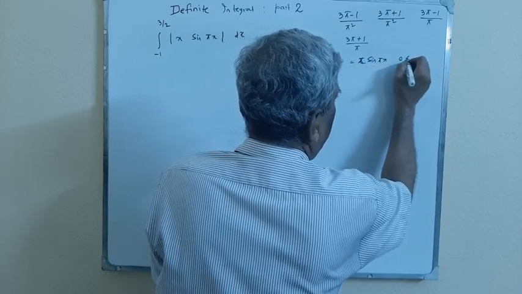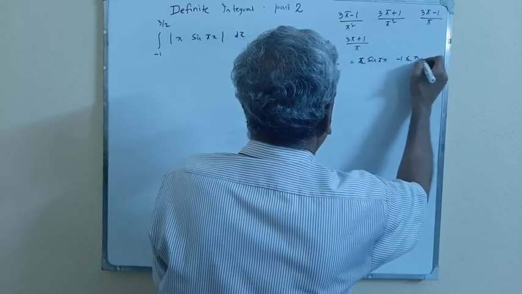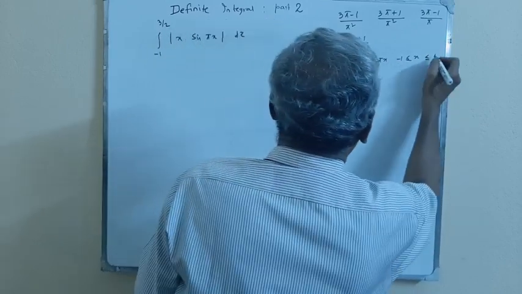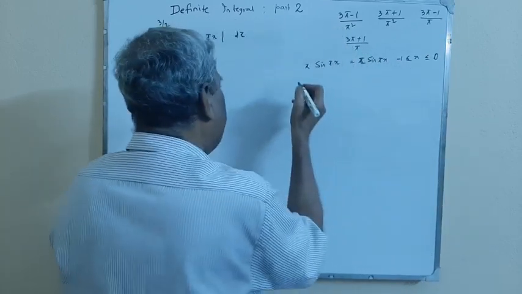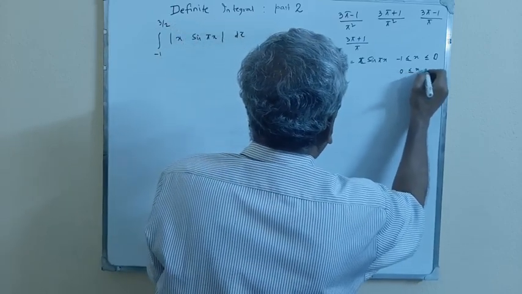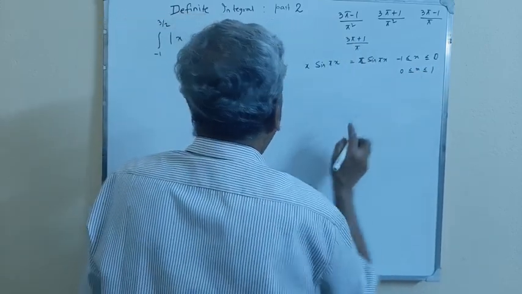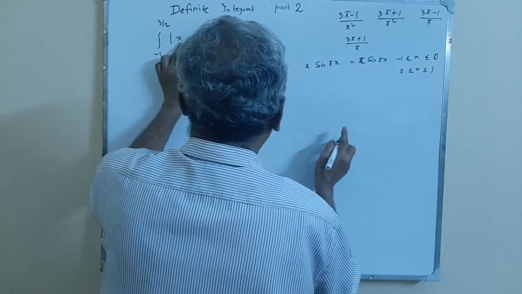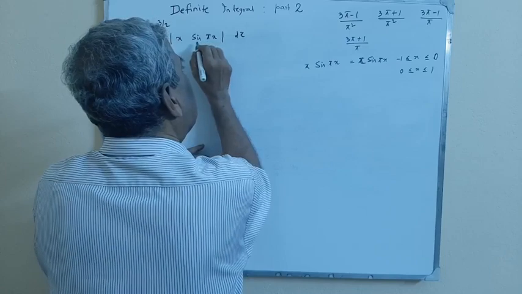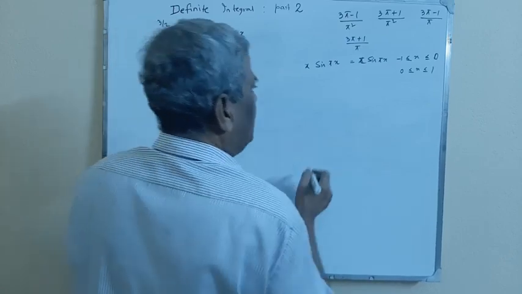Between 0 and 1, x itself is positive and sine pi x, with pi x going up to pi, is positive, so the product is positive.